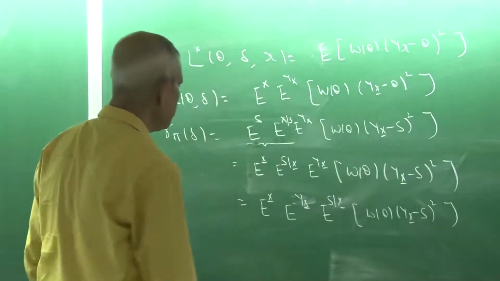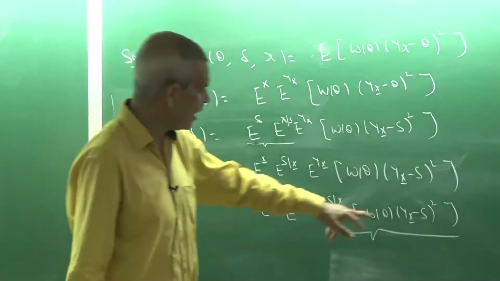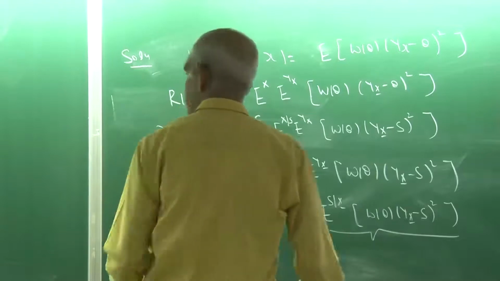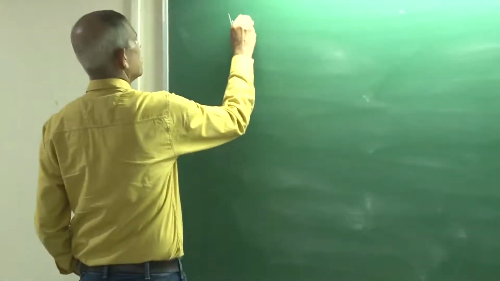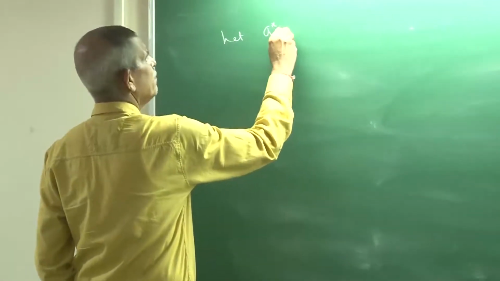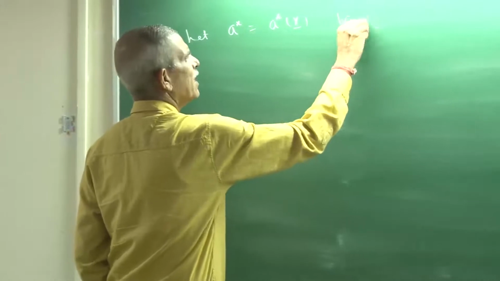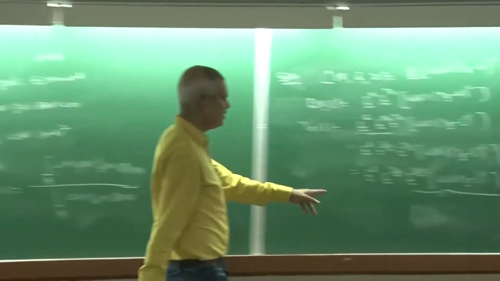So what I try to do is minimize this for a given x, and see which a minimizes this. So let a star, which basically depends on x, be such that this quantity for a star is minimum.